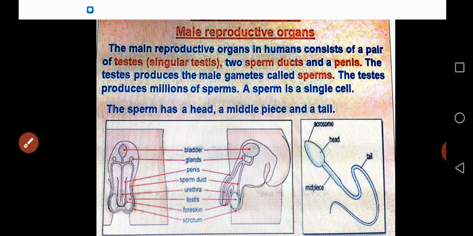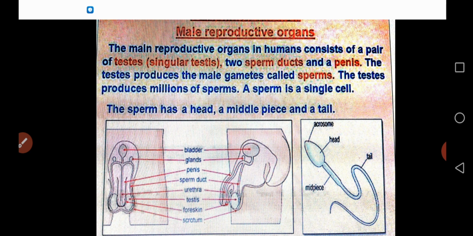The testes produce the male gamete, sperm. Not only that, the testes also take part in production of the male sex hormone, that is, testosterone. Testosterone is a male sex hormone, which is secreted from the male gonad, the testes.